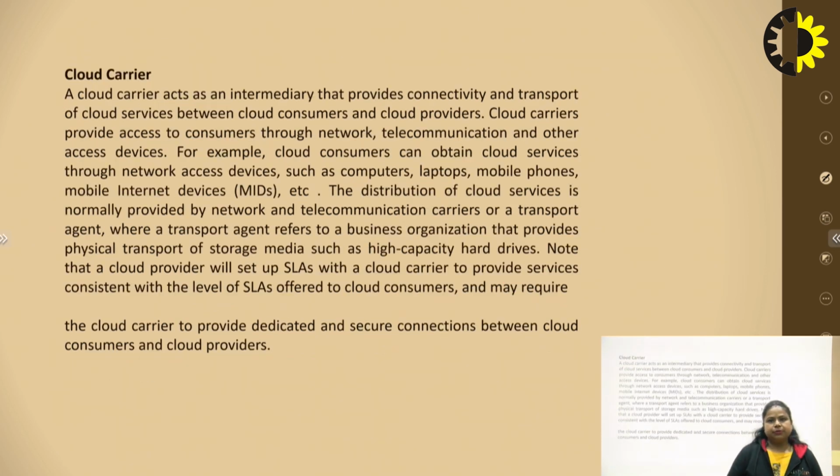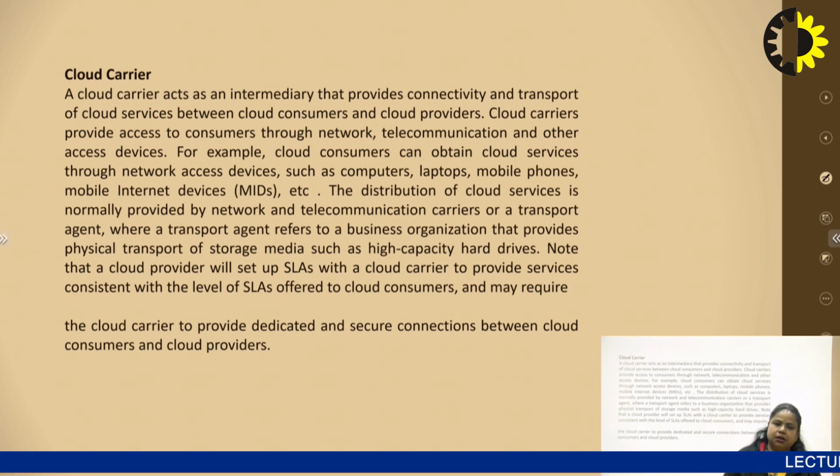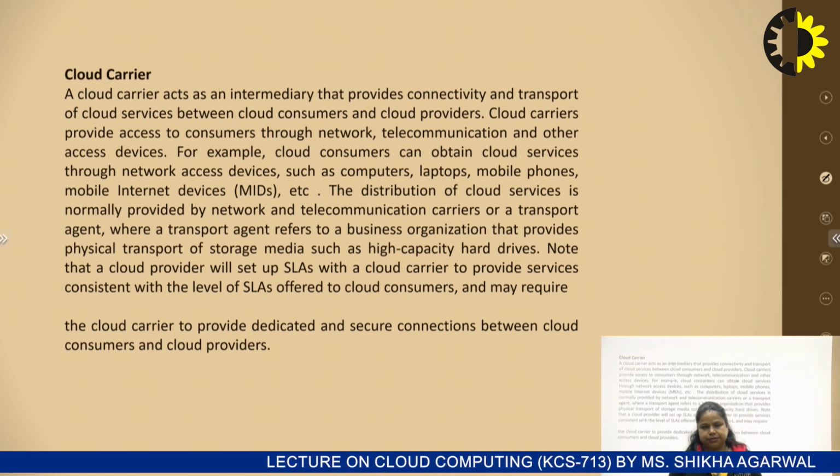Now, after that, we are going to talk about the cloud carrier. Cloud carrier means the carrier, the one who carries data and information. So the cloud carrier acts as an intermediary that provides connectivity and transport of cloud services between the two end users.